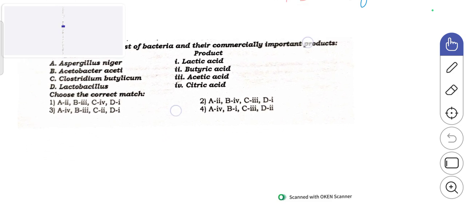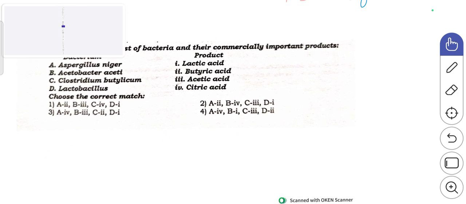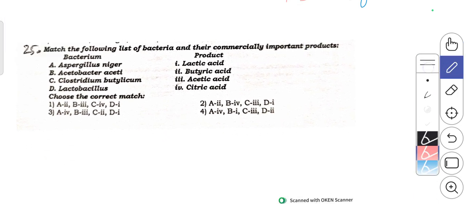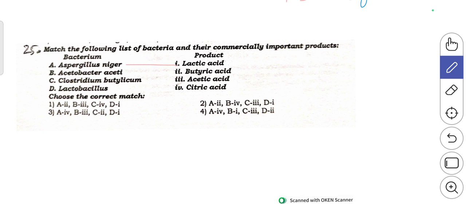So it is the last question for this class. Match the following. Aspergillus niger, again we know it as what? Lactic acid. Acetobacter, acetic acid. Clostridium butylicum, butyric acid. Lactobacillus.